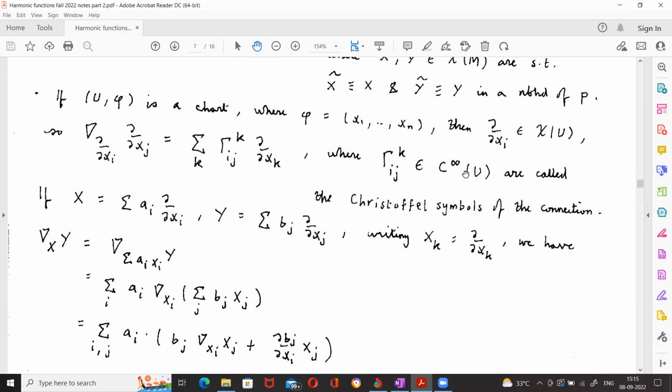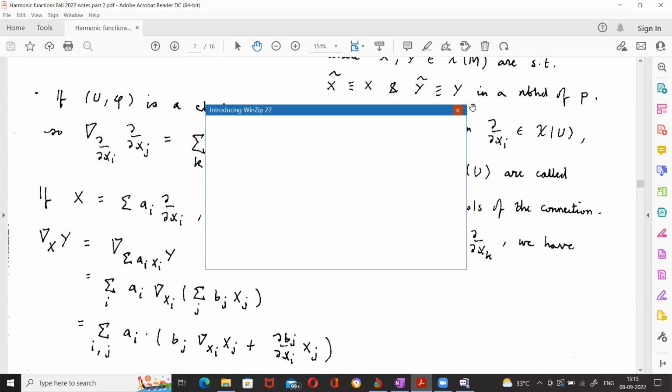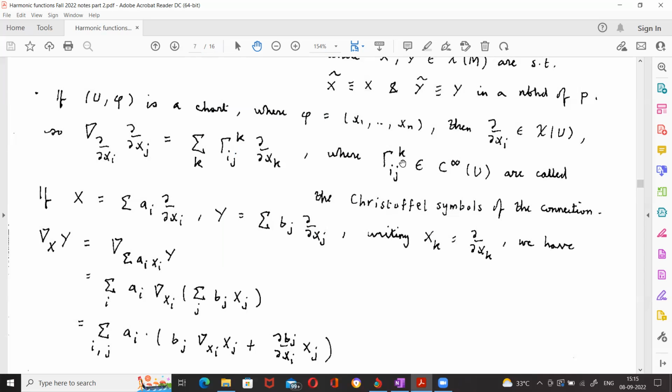So these are smooth functions on U. These are called the Christoffel symbols of the connection. So the point is, the connection is completely determined by these Christoffel symbols.